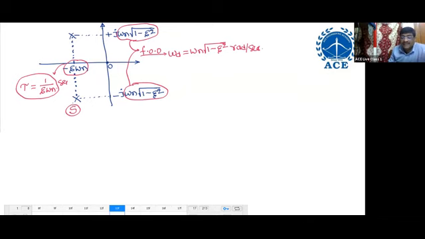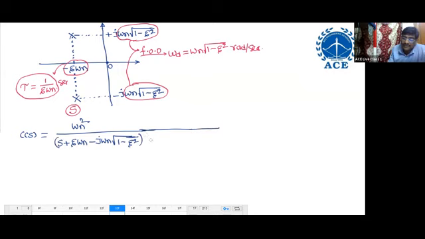Now find the system response. C of s can be written as omega n square by (s plus zeta omega n minus j omega n root of 1 minus zeta square) into (s plus zeta omega n plus j omega n root of 1 minus zeta square).